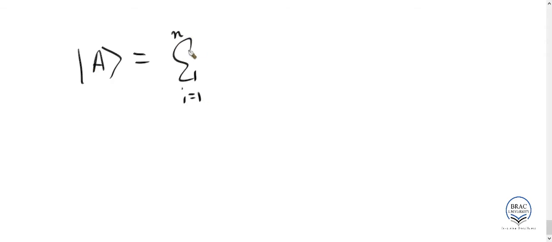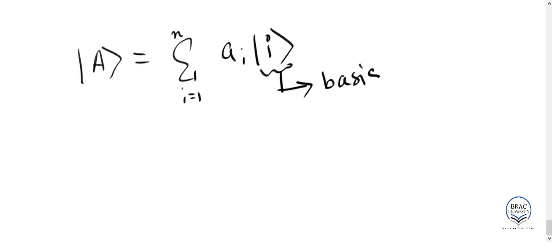So we have written our vector A. Again, let me reiterate that our vector A was written as the sum of a_i times e_i, and these are the vectors we are calling the basis vectors, right?